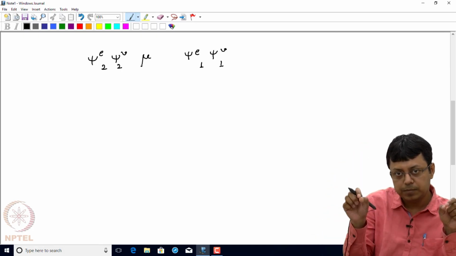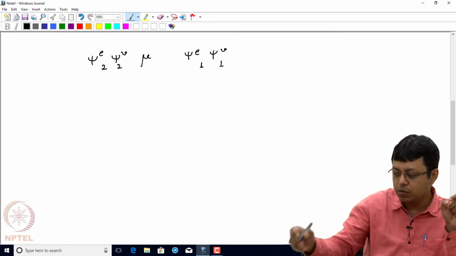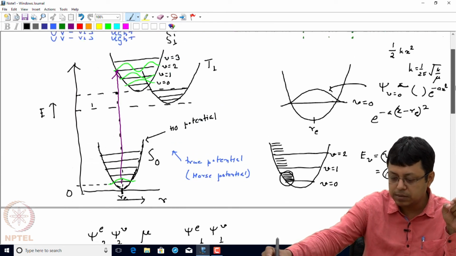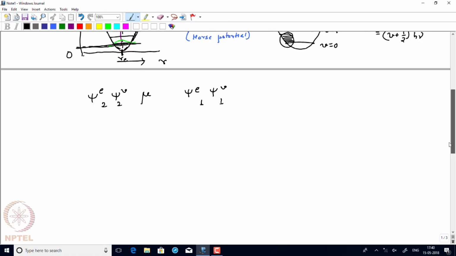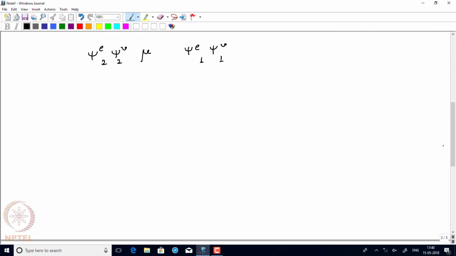Now what is the ground state? The ground state is a wave function that has an energy. It has an electronic contribution as well as vibration, as well as rotation and translation that we are not considering. So right now we are just writing it as a product of electronic and vibrational.